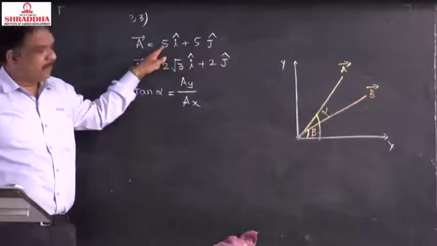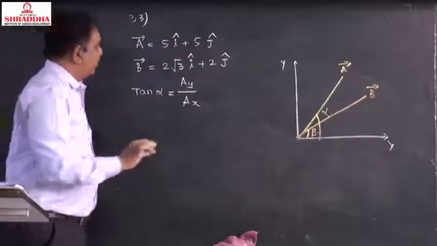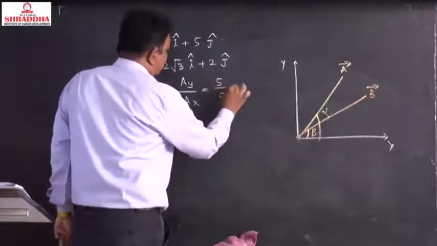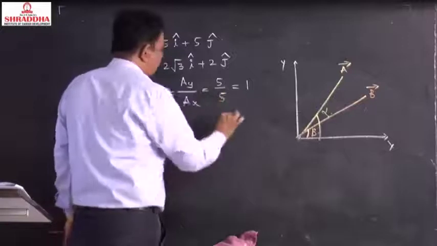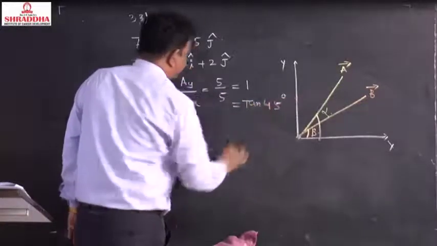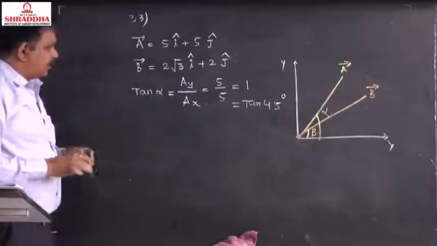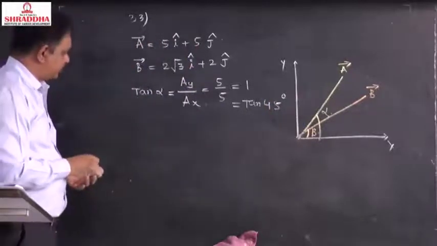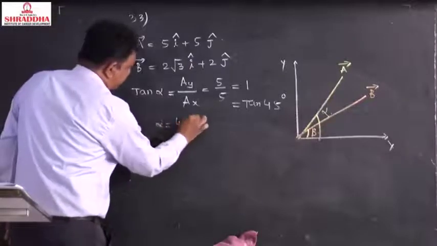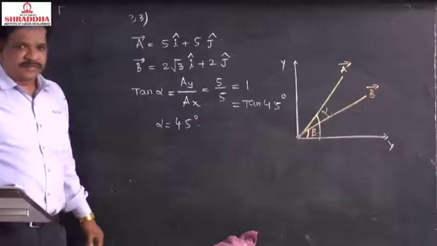How much will we get? 5 by 5. This is equal to 1. This is tan 45. So alpha is equal to 45 degrees.